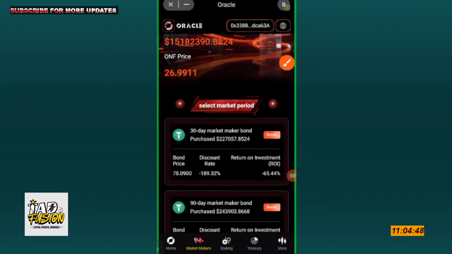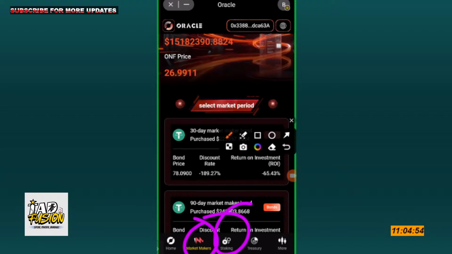So I repeat the statement. Whoever has bonded and whoever is under staking, they all make a profit. Everyone makes profit. But these two systems were created to maintain the price of the token. So don't ask me. Someone asked me a question: for us under market makers, do we make a profit?